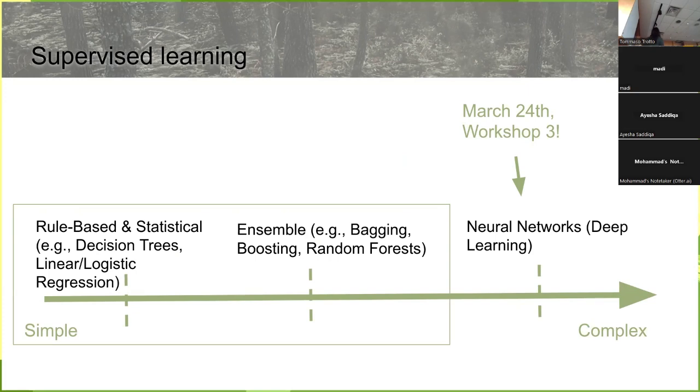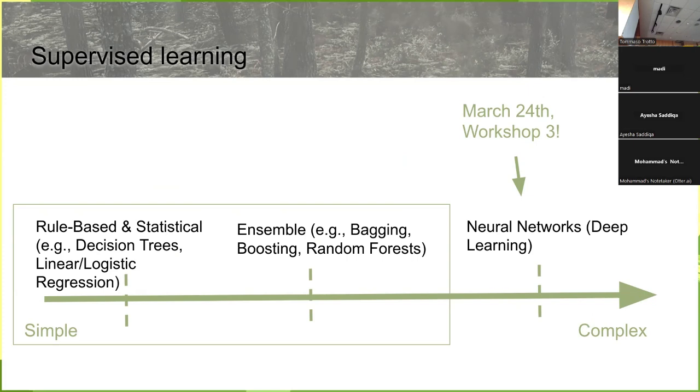If we draw an axis and rate them from the most simple ones to the most complex ones, on the very left, we have some rule-based or statistical models that we probably learned in the stats class. For example, decision trees, which we will introduce in this workshop, and linear and logistic regressions. And at the very end of complex, there are neural networks.